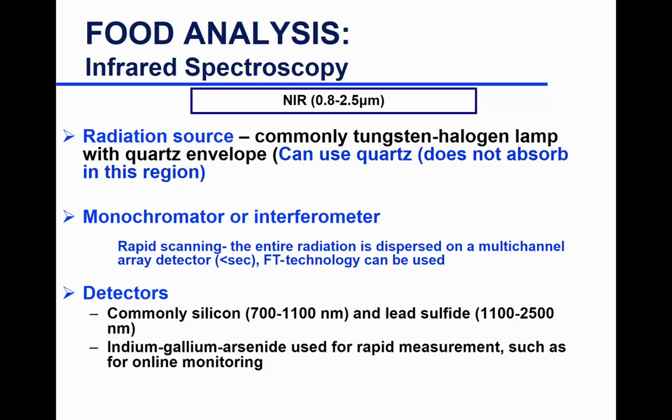With an interferometer, you will have rapid scanning and quicker measurements, and then you use Fourier transform technology to make the calculations. And then these are the detectors. You don't need to remember that.